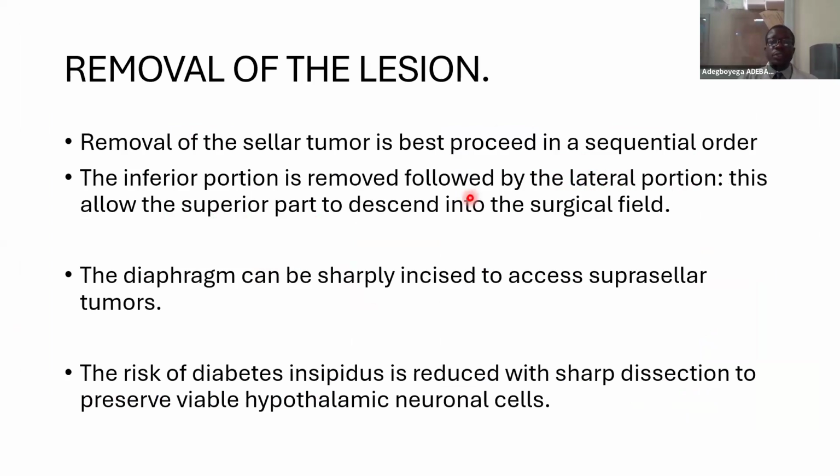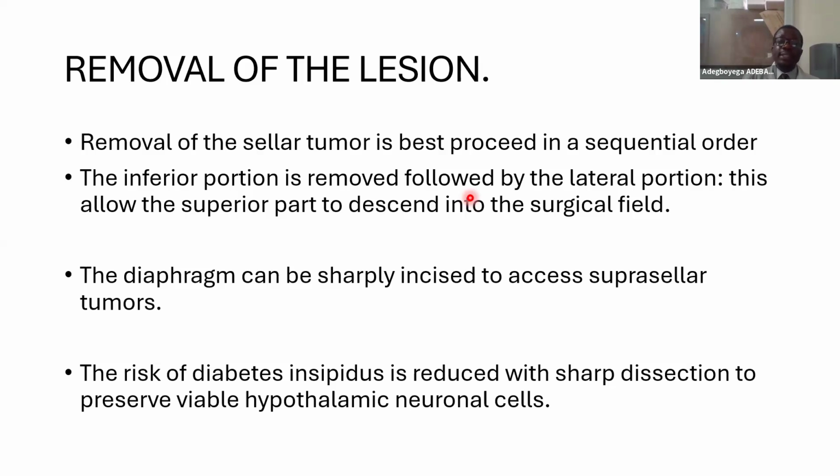Removal of the sellar tumor is best done in sequential order. The inferior portion is removed first, followed by the lateral portion. It is described as removing the floor and then the walls of the building before the roof, so that the roof can come down.